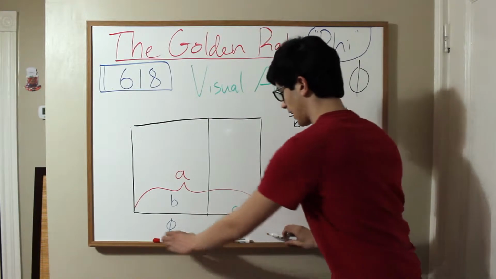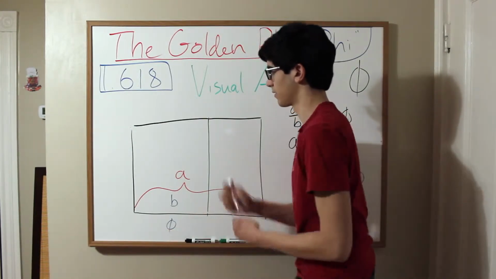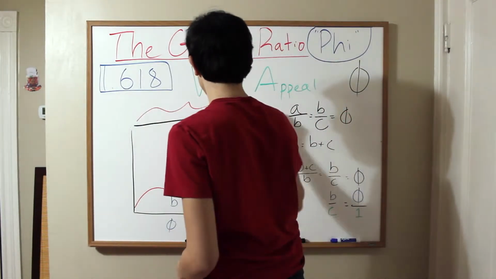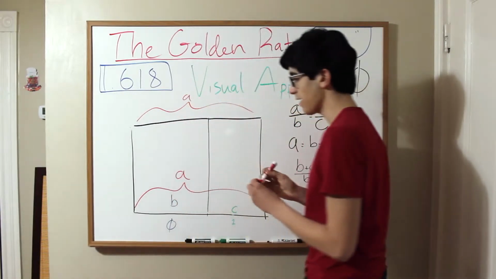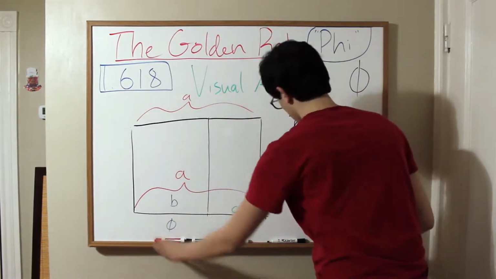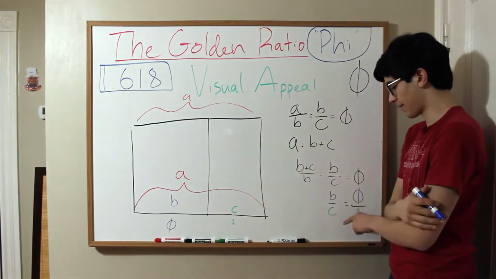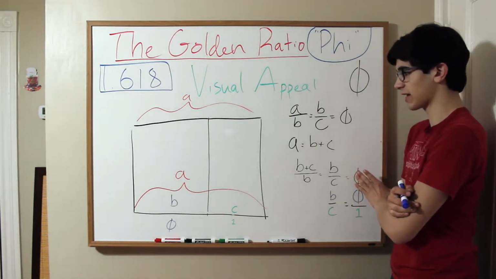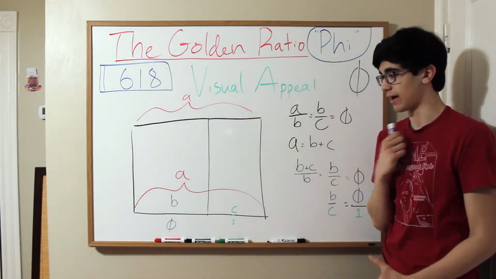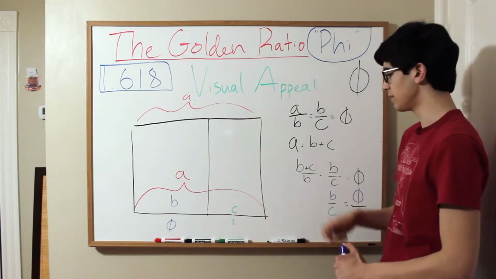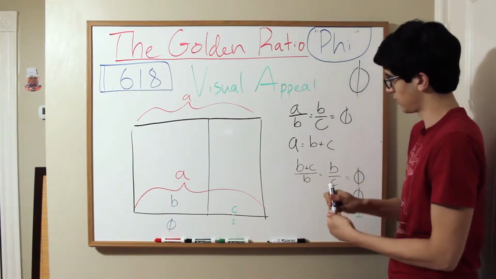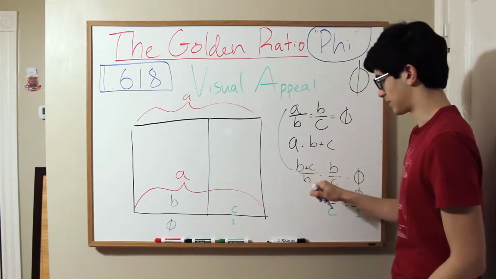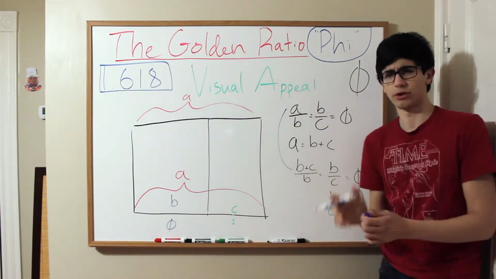So again, if the bottom part is A, the top part should be a length A, and here I've set it up such that B divided by C is phi divided by 1. This is another interesting fact: because A is defined as the sum of B and C, we can just rewrite A as the sum of B and C. And this makes our ratio look a little more interesting, right?